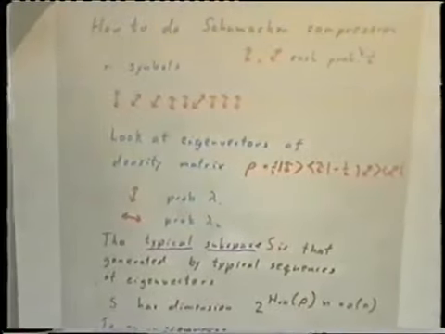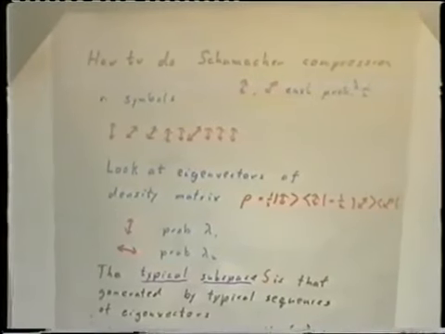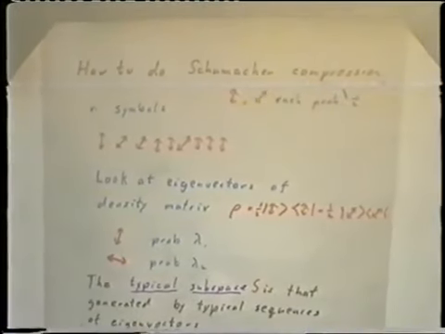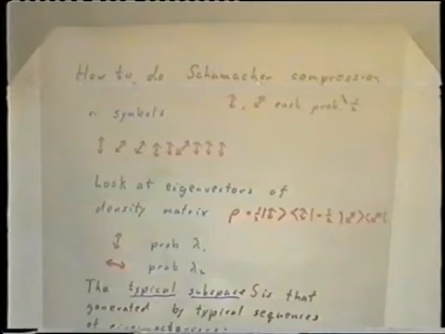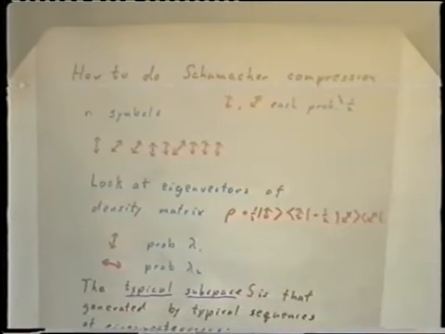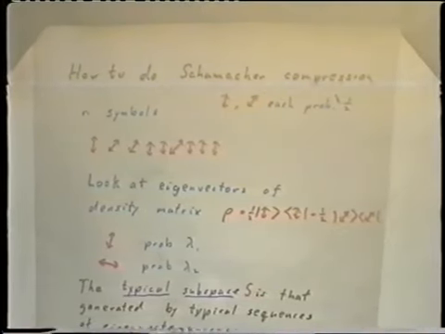Well, how do you do this? Classically you do it by looking at typical sequences. Quantum mechanically, you can do it by looking at typical subspaces. A typical subspace is that generated by typical sequences of eigenvectors.